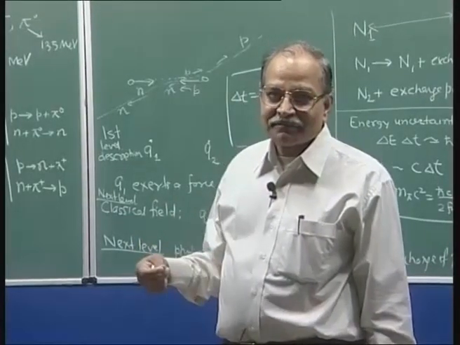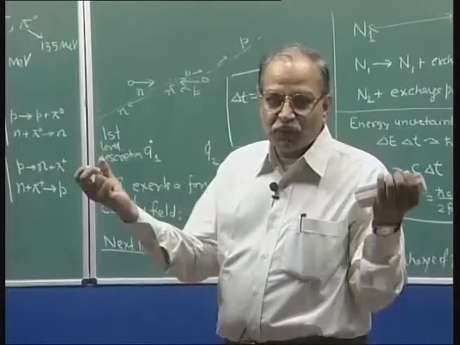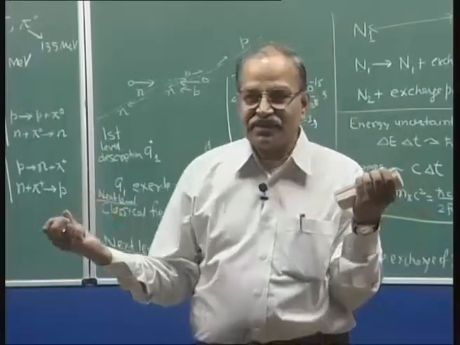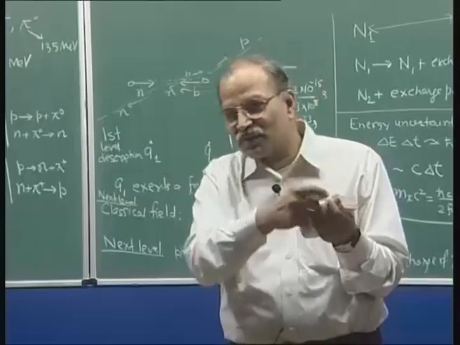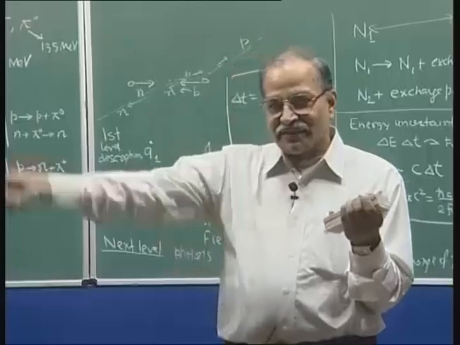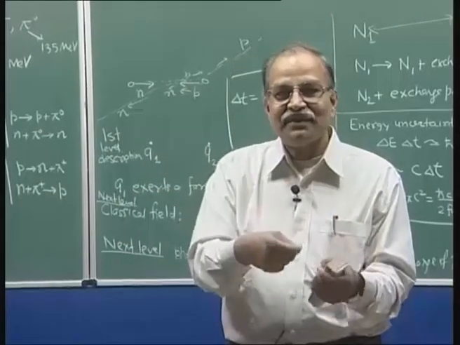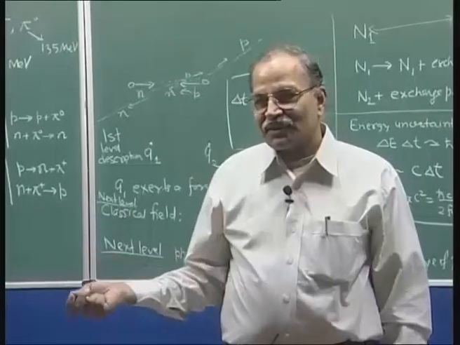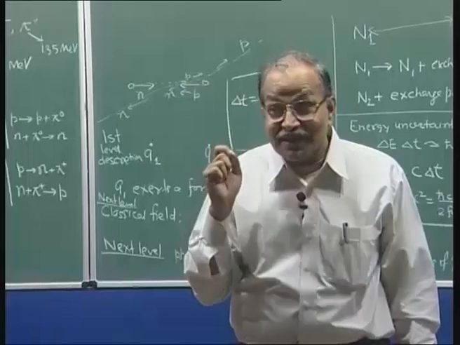So, this NP interaction can be mediated by positive pion, negative pion, or neutral pion. In that same spirit, if I have two protons sitting at some separation, one proton emits a particular pion and the other proton absorbs it. What kind of pion can that be?